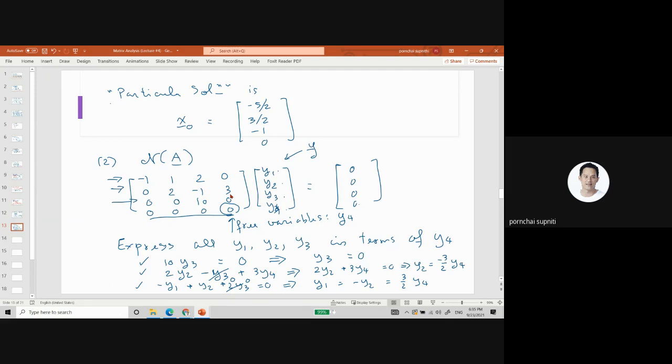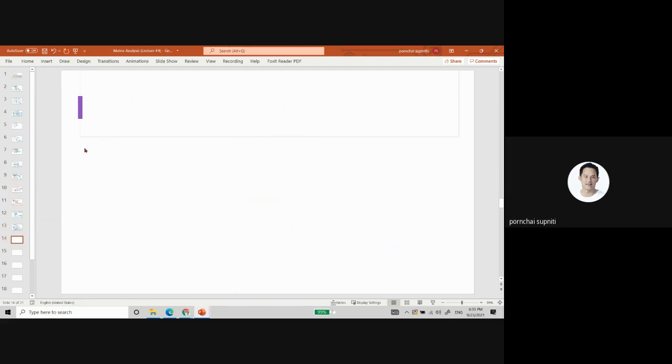And so in this case, I can just add the particular solution. So all the solutions will be the set of the particular solution plus the null vectors, such that y is in the null space.